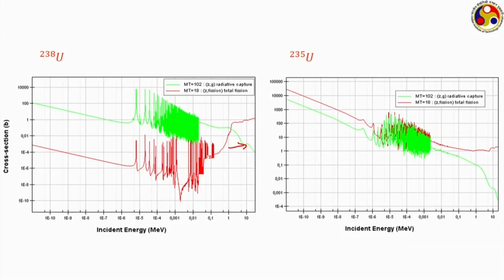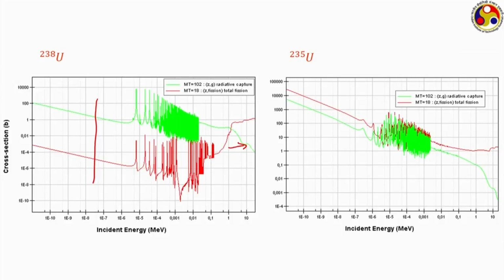But below that the capture cross section is significantly higher than the fission cross section. For thermal neutrons, which will be somewhere here or slightly more towards the right, the fission cross section is of the order of 10 to the power minus 5 only. So, you can take it virtually to be 0, whereas the capture cross section is greater than 1.